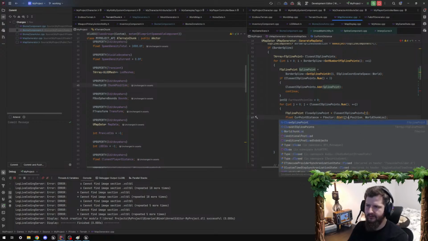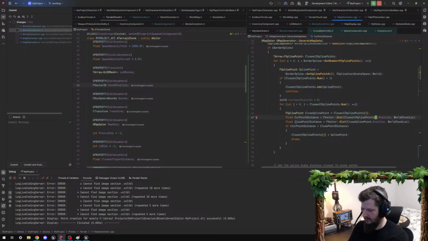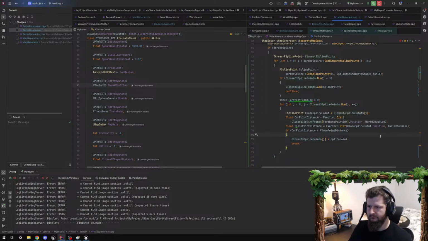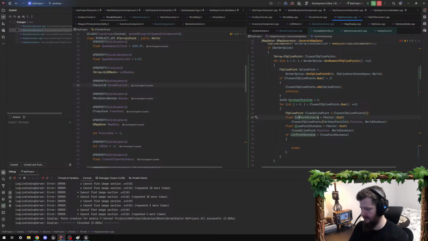Rather than spline point closest 3 at that index, and then rather than doing that, we will set current farthest, we'll call that.